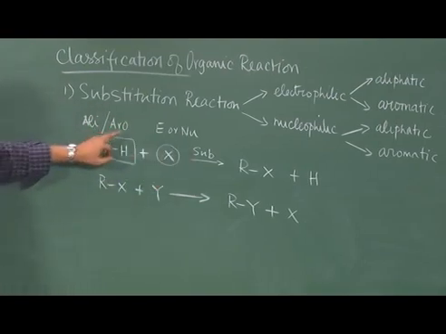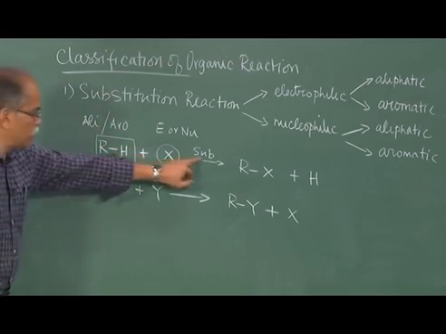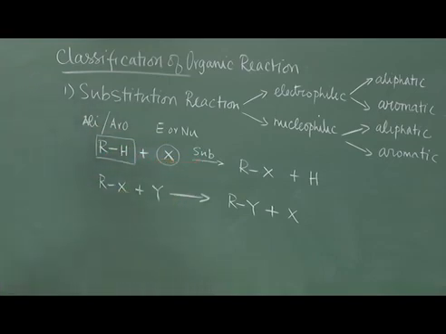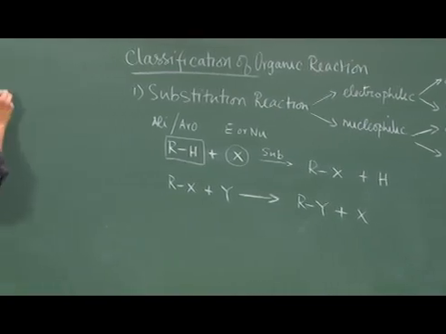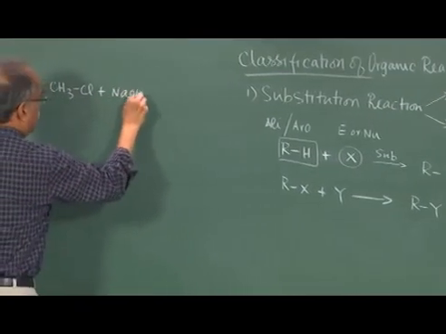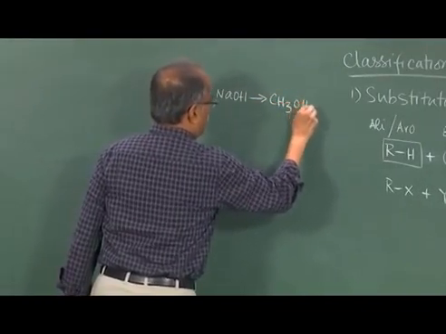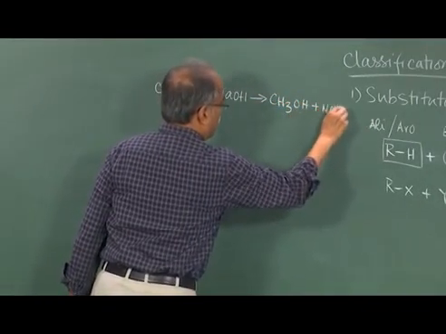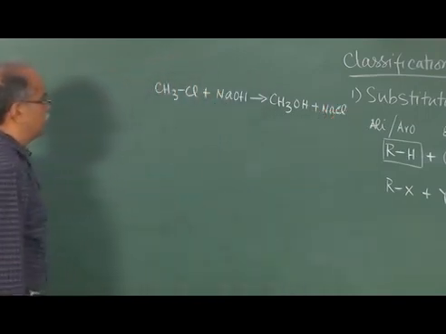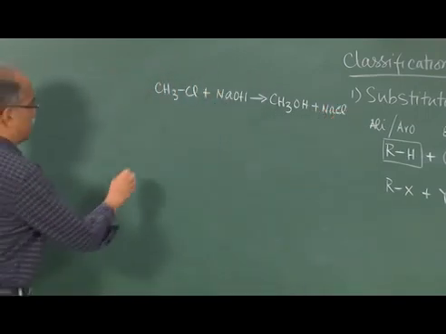Similarly, nucleophilic aromatic or nucleophilic aliphatic substitution reaction of this kind is what is generally talked about in substitution reactions. We already saw a nucleophilic substitution reaction. Here chloride is substituted by hydroxide, so it is a nucleophilic substitution reaction.